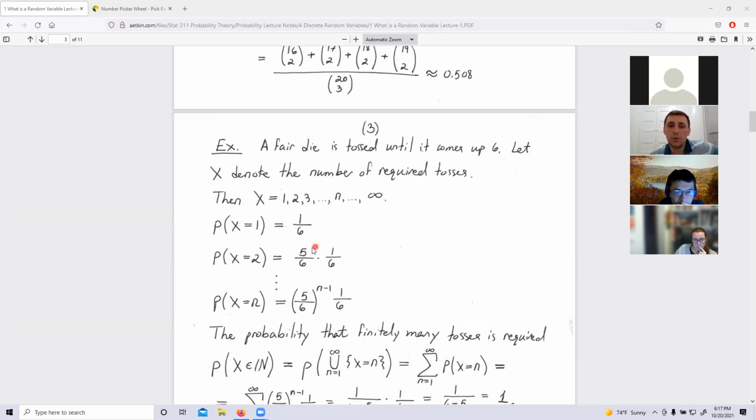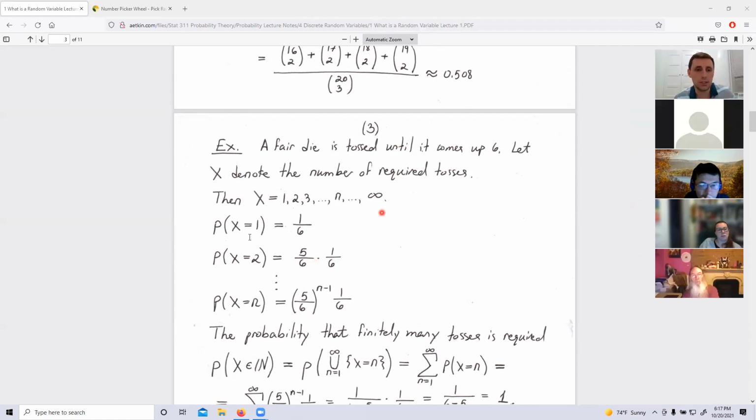So here I can multiply it. I'm using the product, right? The second throw of the die is not influenced by the previous one. Do you agree? So I can imagine, for instance, what is X2? X2 means failure first, not failure second. Not failure means we don't pick up a 6, and failure means we do pick up a 6, right?